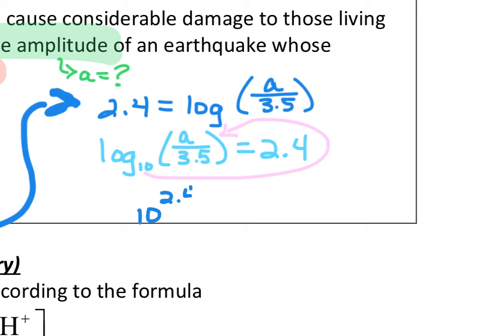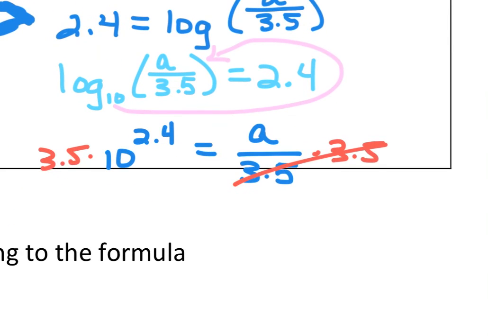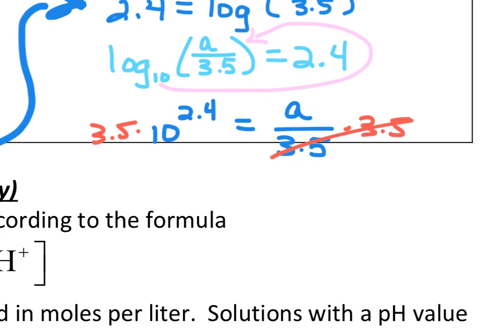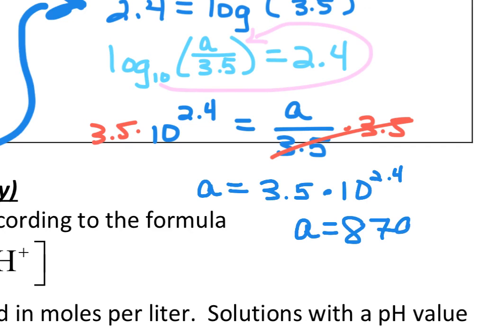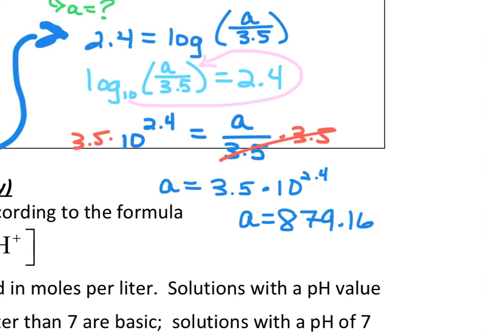I'm going to multiply both sides of the equation by 3.5. So A here is equal to 3.5 times 10 to the 2.4 power. And that you can just type right into your calculator or Desmos, and you should get 879.16 microns.